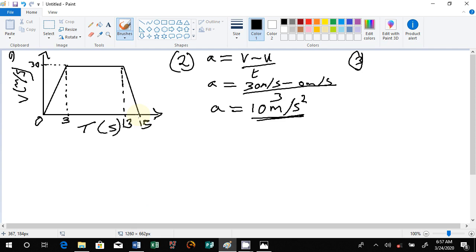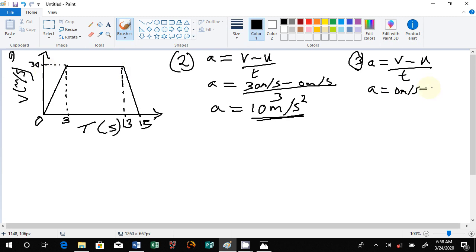Now, we still use the formula for acceleration. For this one, we say acceleration is equals to final velocity minus initial velocity over time. Then we say acceleration is equals to, what was our final velocity? From 30, where it started from, to the 0 velocity. So the 0 becomes the final there, because that's where it reached. So 0 meters per second minus, it started from 30 there.